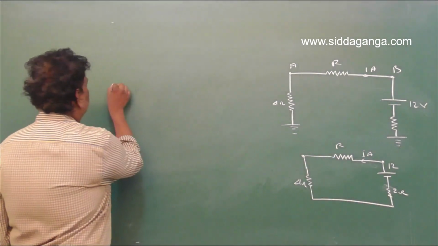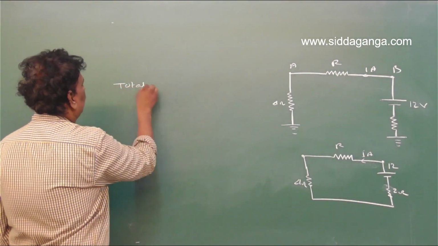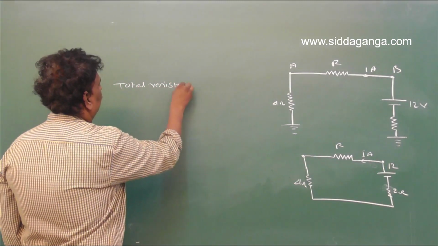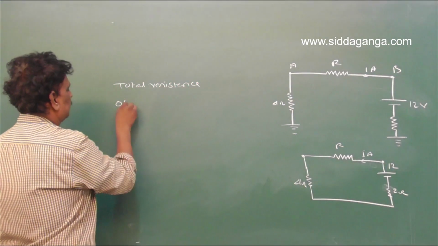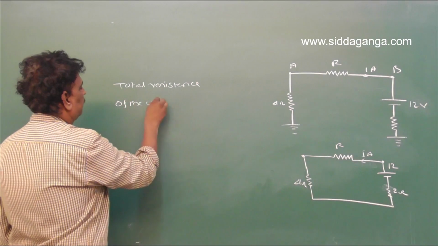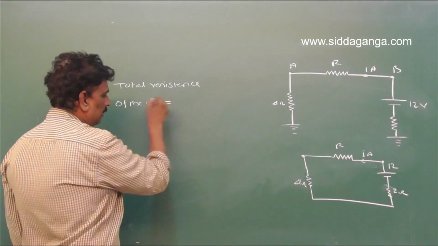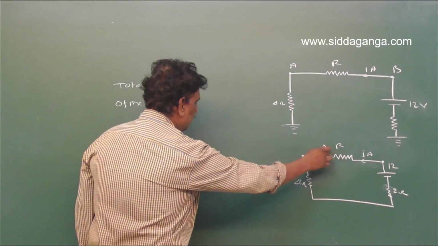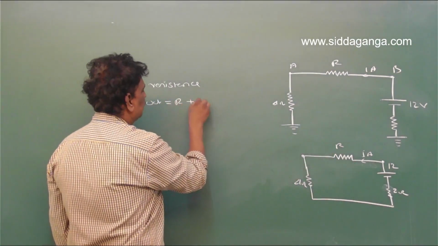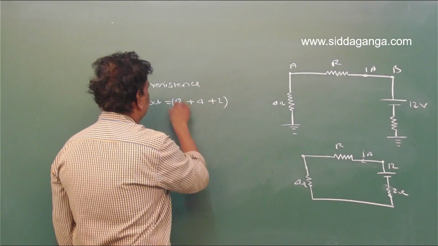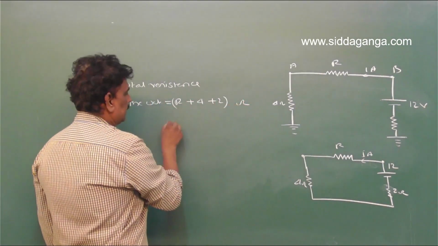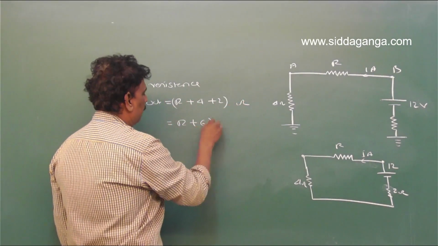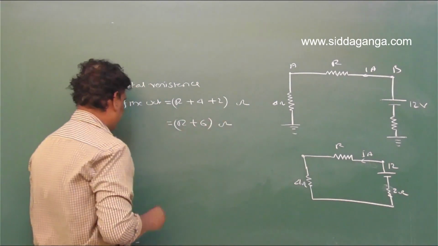Now the total resistance of the circuit is equal to R plus 4 plus 2 ohm, that is equal to R plus 6 ohm.